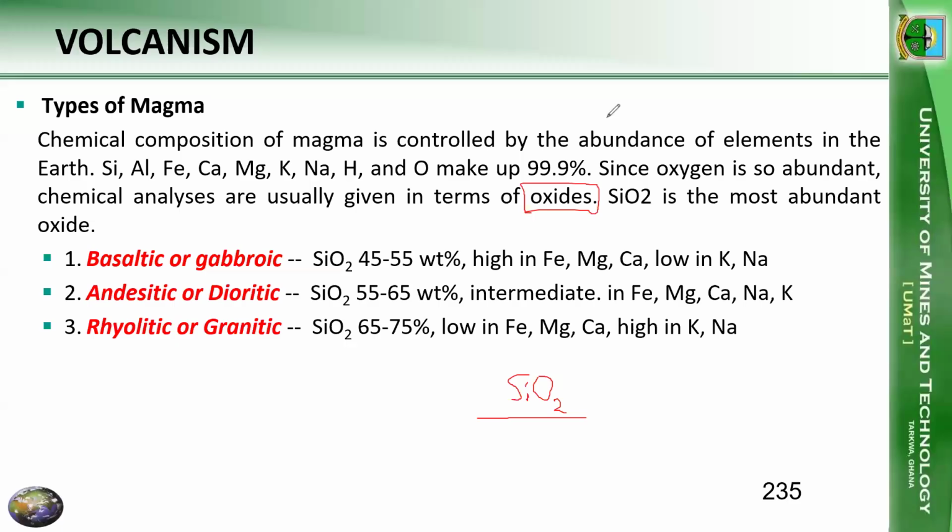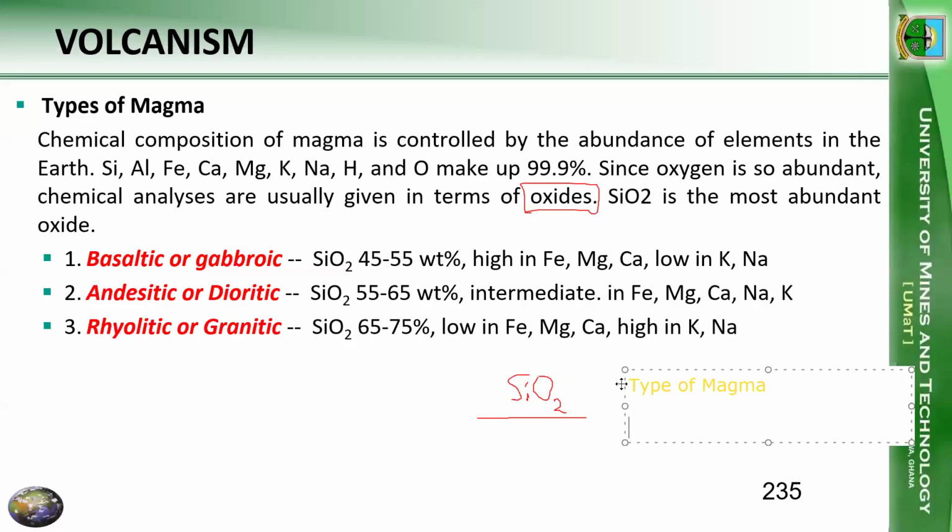Using the silica contents, I'm going to talk about 5 different things. Please focus. What are some of these 5 different things? First, whether the magma is basaltic, andesitic, or rhyolitic. In other words, the type of magma. That's the first one with the silica content.